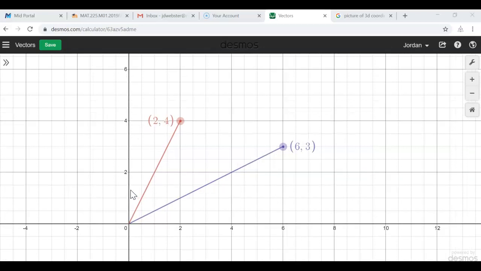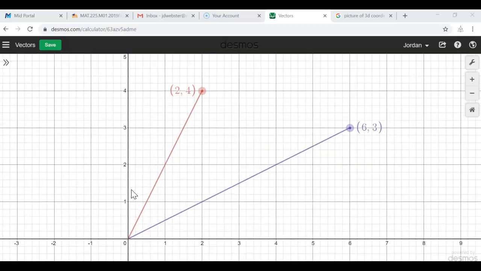Zoom in a little bit. We would have broken up 2, 4 into vectors which add up to 2, 4. We would have taken one vector along the same direction as 6, 3. And if I've drawn this fairly accurately, then my next vector, when I put it tip to end here, should create a right triangle.